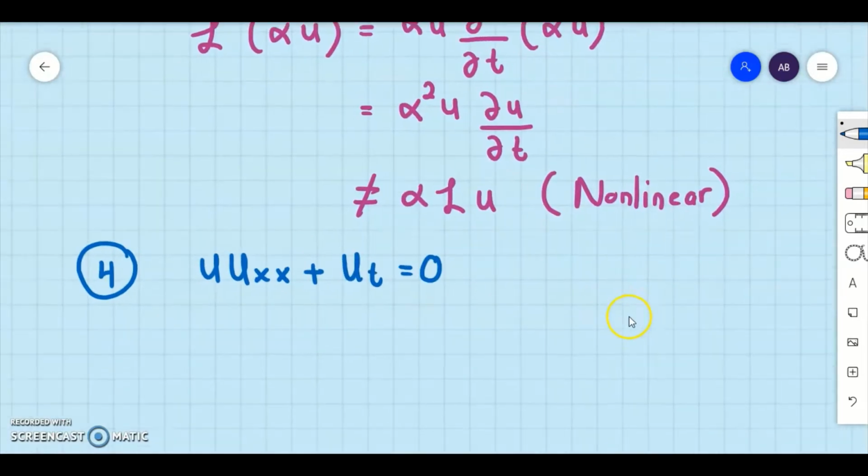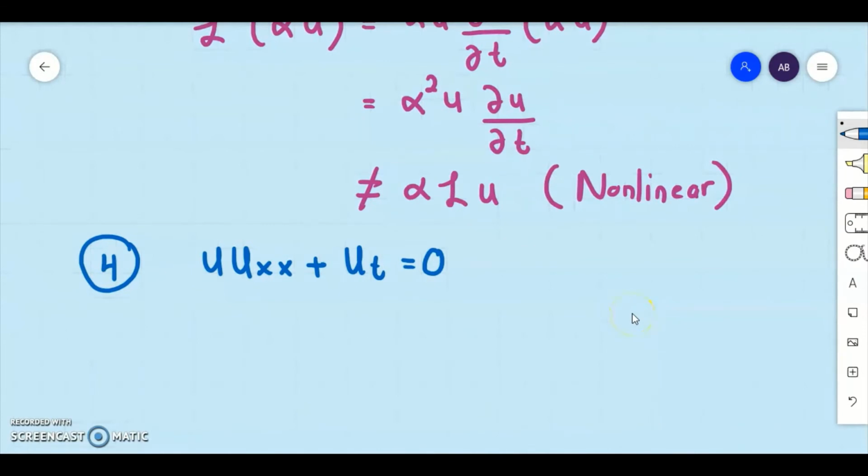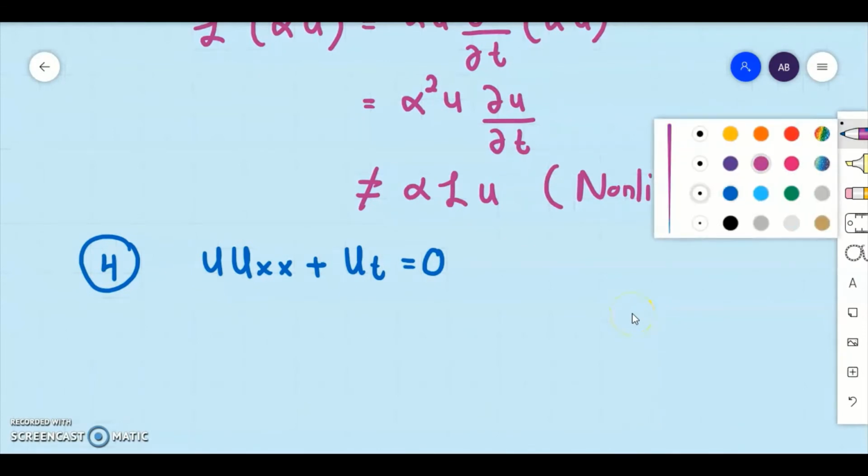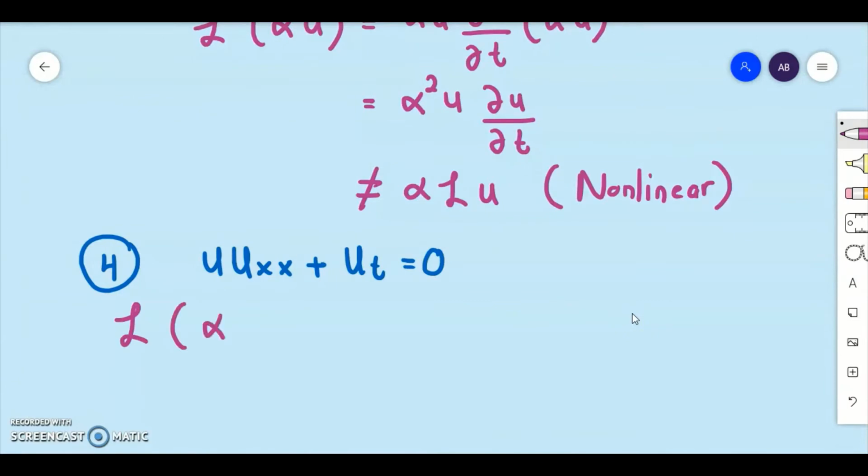Okay, so to show this, I'll start with my L operator on my left hand side. I need to show alpha LU plus beta LV.